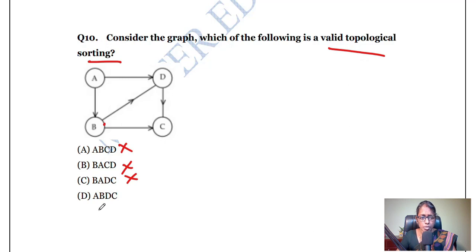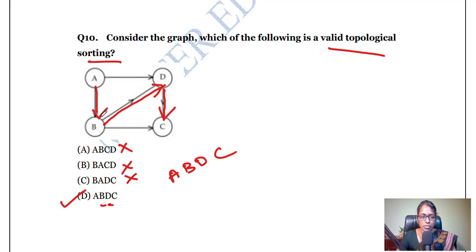So consider option D, A, B. From A to B I can go because the direction is there. So A to B and B and then D. So B to D it is going. Then D to C. Here also the arrow is coming this side. So A, B, D, C. So this is a valid topological sorting.